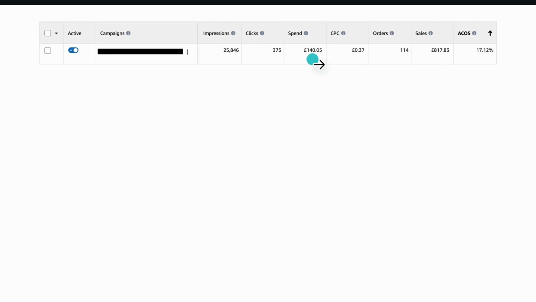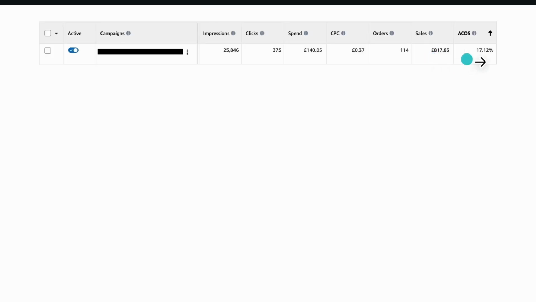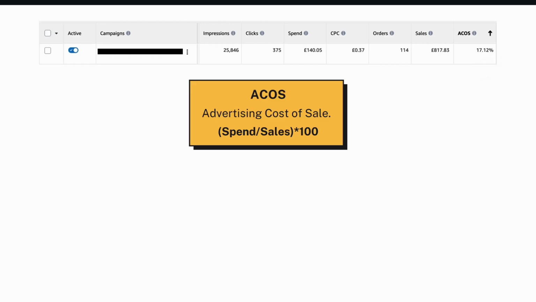Just because you spent £140 doesn't mean you personally have got 817, because remember, you take a royalty cut of your sale price. Now you're probably thinking, how on earth do I calculate exactly how much I've taken back, or if my ad is even profitable, if it's not going to show me the royalty amount? And that is where this ACOS comes in. ACOS stands for advertising cost of sale, and it's calculated by taking the spend of your ad, so 140.05, and dividing it by the sales number, times by 100.